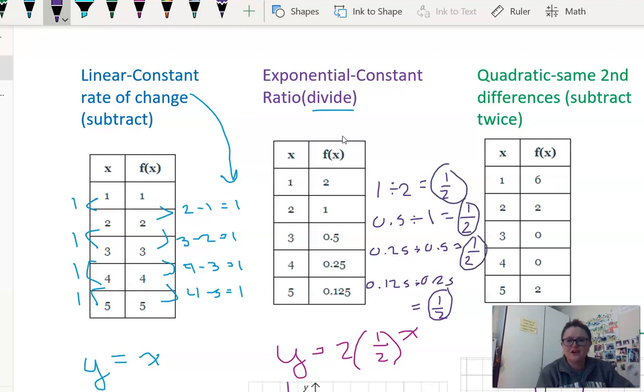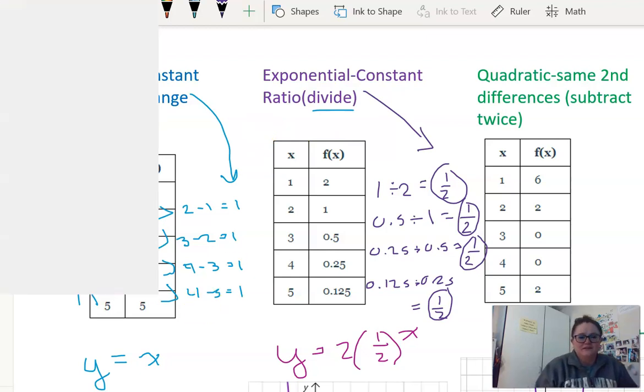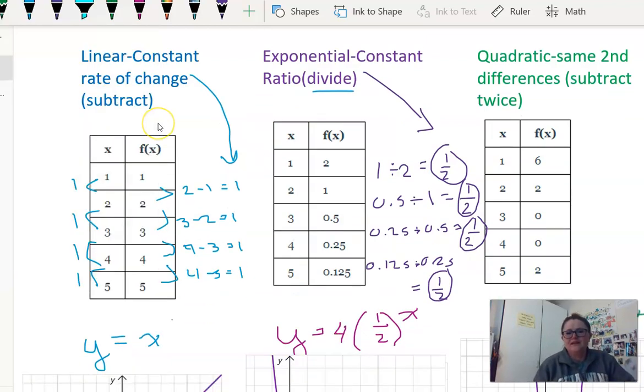So we have a constant ratio or a constant factor. Again, you can see the constant factor is 1/2. So our exponential factor is 1/2. We're dividing by 2, which means we're multiplying by 1/2.